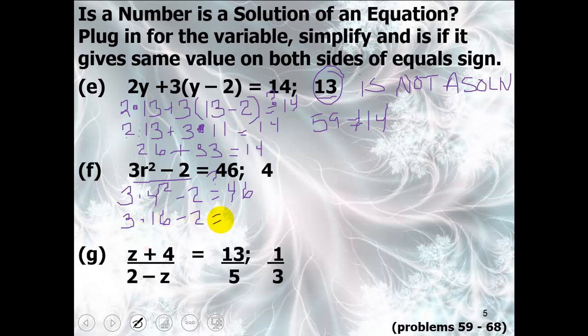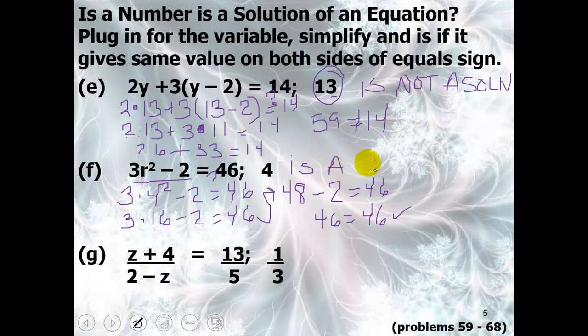And I'm checking, remember this is a question mark, if that equals 46. Now I have to do my multiplication first. So then I have 48 minus 2 equals 46. And lo and behold, I get 46 equals 46. You see how it checks? All right. We've learned this as checking our solution. We're checking to see if this is a solution. So 4 is a solution.